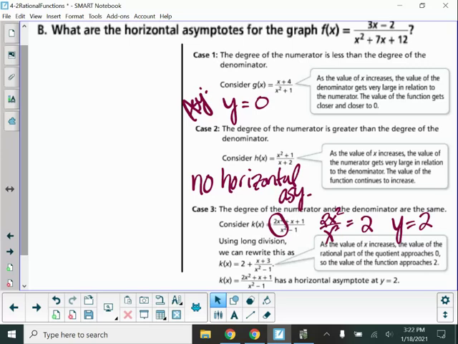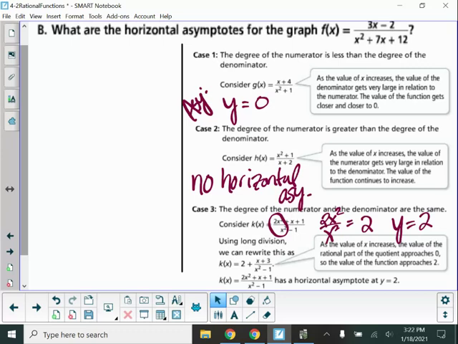So that means whatever the highest x power is on top, it's still not as high as whatever the x power is on the bottom. For example, here you can see there's an x on the top, in this g of x that's given, an x squared on the bottom. When that happens, there is always an asymptote at x equals 0.